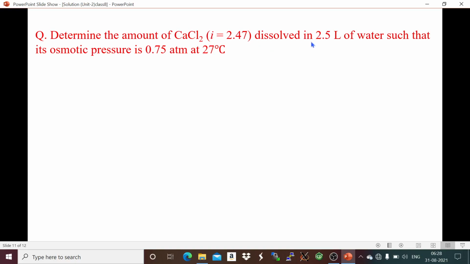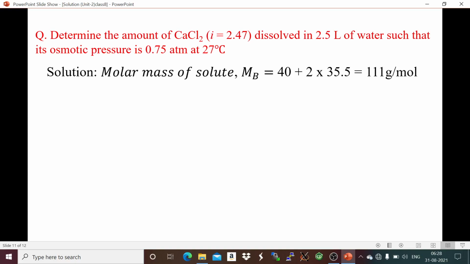It is dissolved in 2.5 liter of water such that its osmotic pressure is 0.75 atmosphere at 27 degrees centigrade. So given these values, you have to calculate the mass of solute. Molar mass of solute: calcium is 40 and chlorine 2 into 35.5, 2 chlorine atoms are there, so the value is 111.